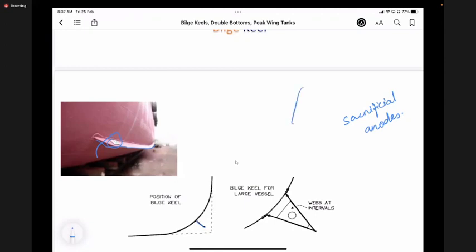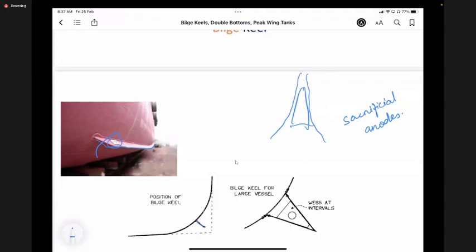If you have a ship, you will have water passing, and we do not want those trains of waves which are passing close to the ship to be in contact with the bilge keel, because they can impose significant forces on the bilge keel. So there are more considerations, but as of now we will not talk about them. It's not in our syllabus and we will get carried away.